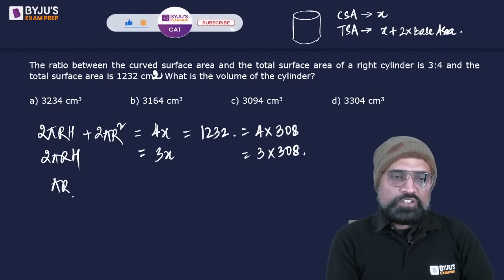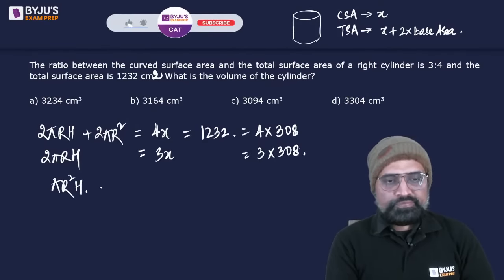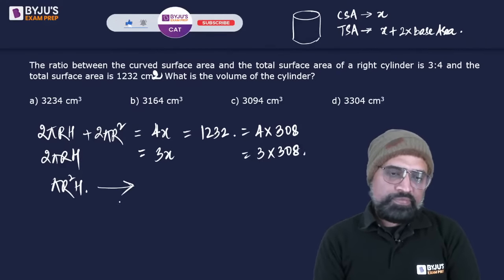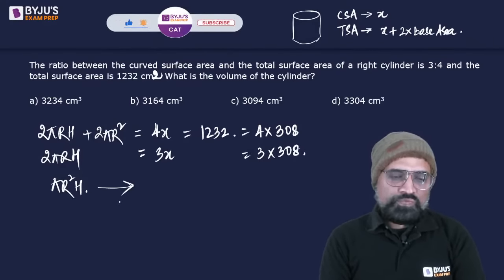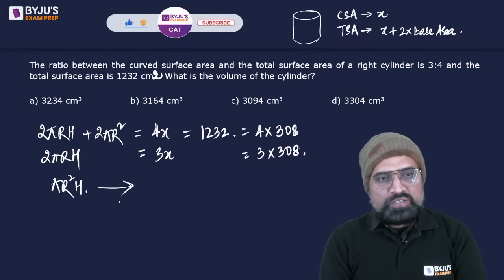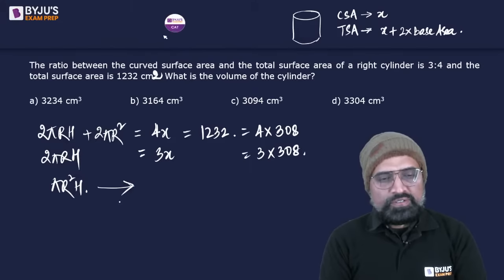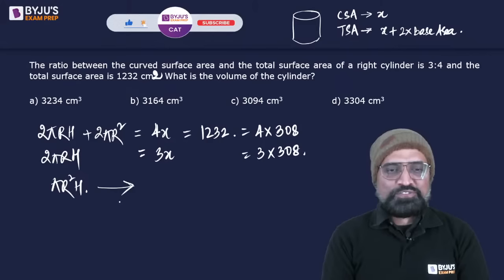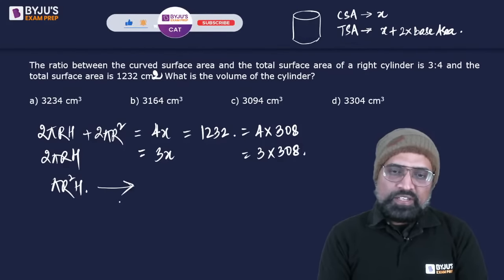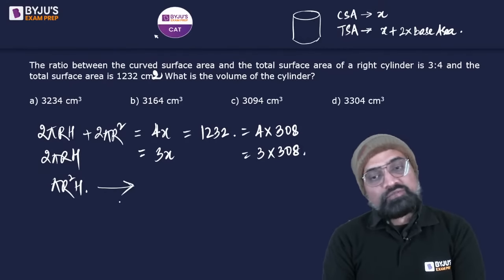We need to find out the value of pi r square h. Two pi r r by h, 28, 36, 14, 28, 28, 14, 28, 49, 14. Smart.